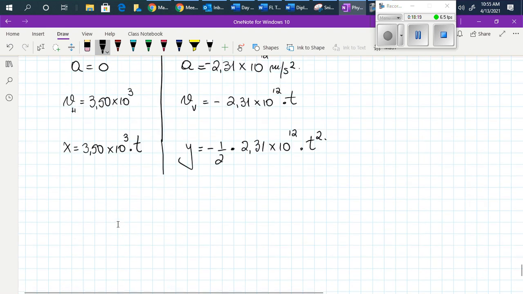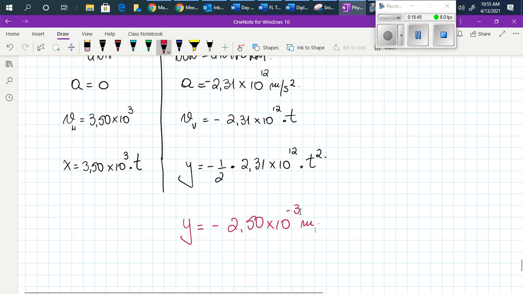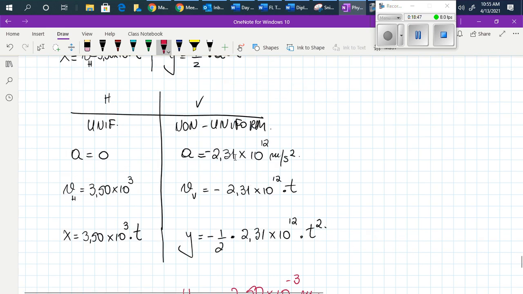Okay, so now we'll start with the information that Y is equal to negative 2.50 times 10 to the power of negative 3 meters. And this is where we will start. And why I push you to do this question this way is because the starting point will be using the non-uniform principle.